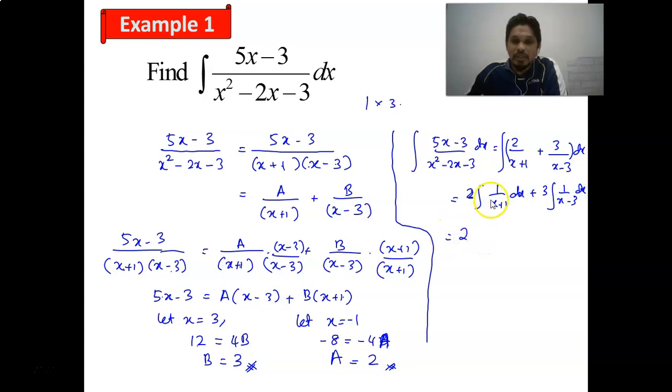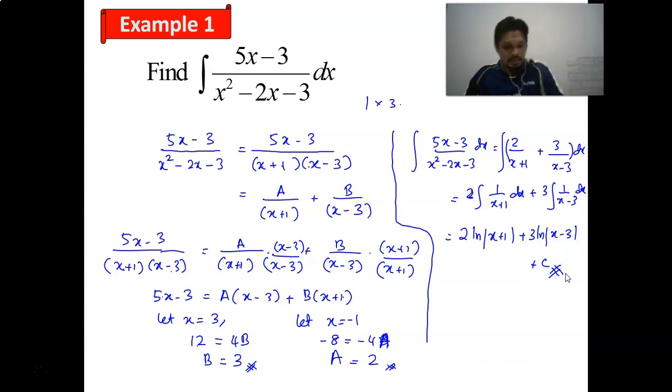So then 2 times natural log of x plus 1 divided by the derivative of x plus 1, which is 1. Okay, plus 3 times natural log of x minus 3 divided by the derivative of x minus 3, which is 1, divided by 1, nothing changed here, plus C. Okay, 2 ln|x plus 1| plus 3 ln|x minus 3| plus C.